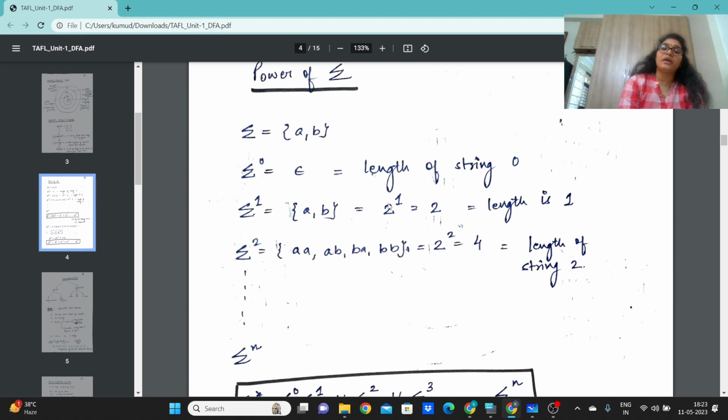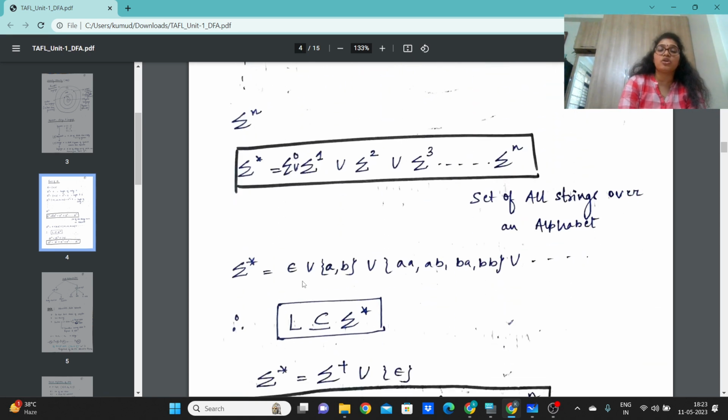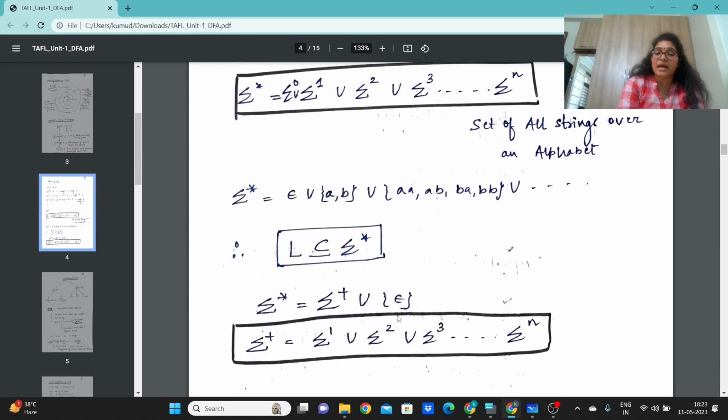So that is why here we have two. तभी हम यहाँ पे two की power लिख रहे हैं, because we have taken two symbols. अगर आप three symbols लोगे for the alphabet, you have to use 3 की power 1, 3 power 2, 3 power 3, like this. So now this is the Kleene closure. Kleene closure includes the epsilon, and positive closure does not include the epsilon.